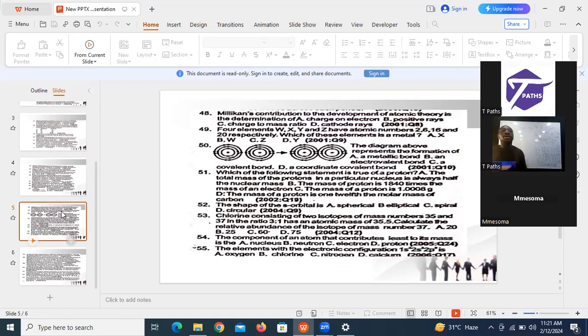Then some experiments were done afterwards. The first one was by J.J. Thomson, who discovered the electrons.